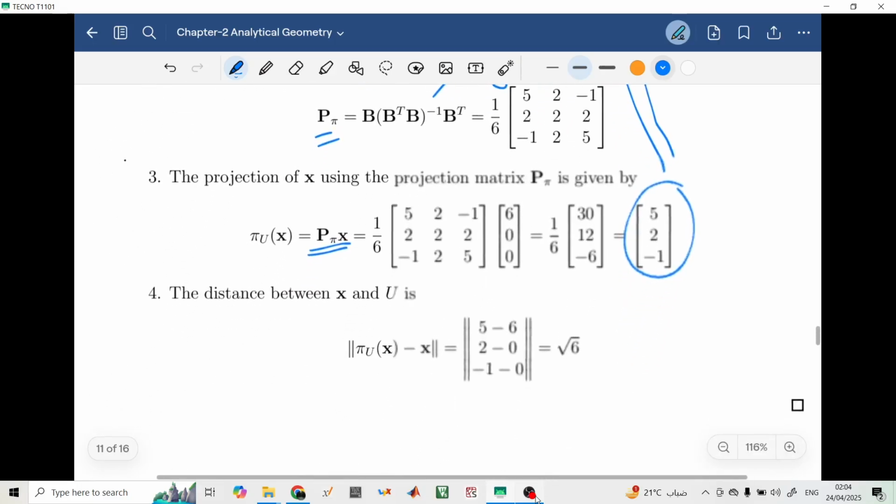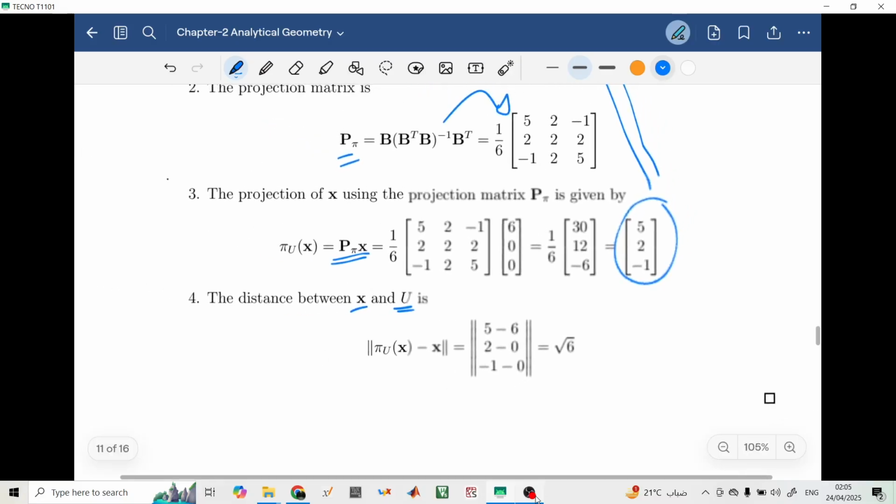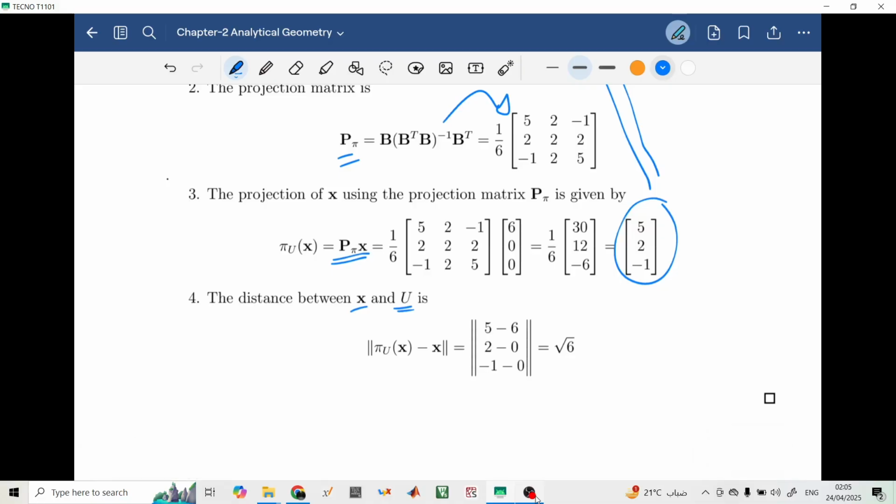Okay. Now what is the distance between x and U? When we say the distance, we mean the norm. Which norm? The L2 norm. Okay, the L2 norm. So we find this, this is pi, right? This is the original vector x. We take the difference between them, and then we find the norm.